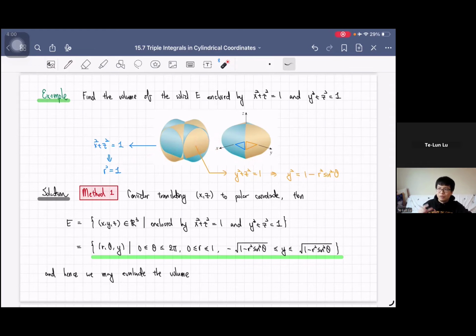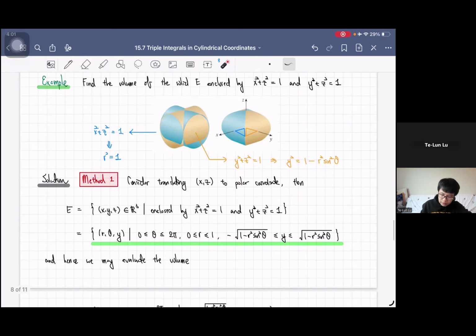You don't have to do anything if you do the rotation. So you can maybe make life easier by considering the xy coordinates as r cosine, r sine. But in this case, I just want to demonstrate that it is completely fine if you want to consider xz or yz to be the polar coordinates and preserve the other coordinate x, y, or z.